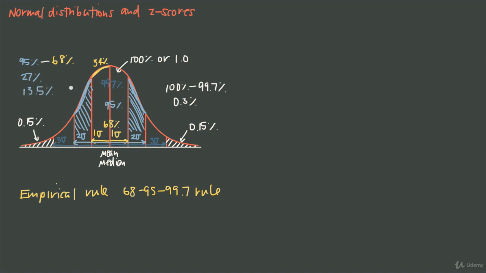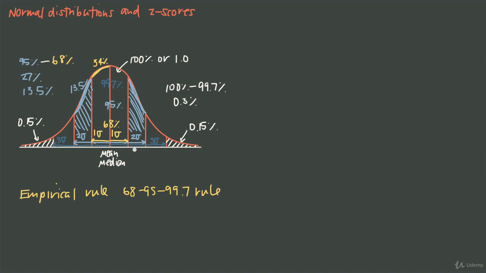So I know that this area here is 13.5%. So we can do all kinds of area calculations like that using the fact that the area under the curve is 100% and what we know about the area within each standard deviation from the empirical rule. So just keep that in mind because we'll use this over and over again to calculate specific portions of area under a normal curve.